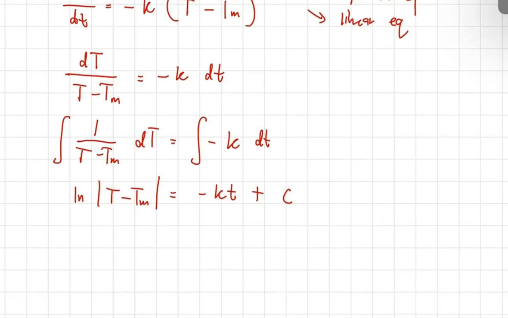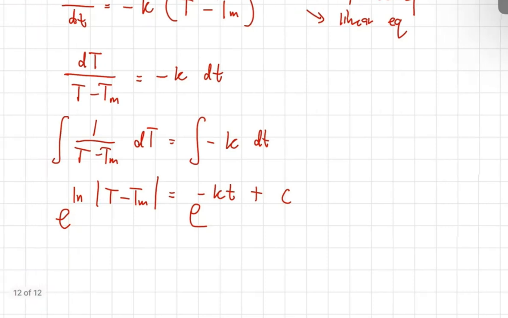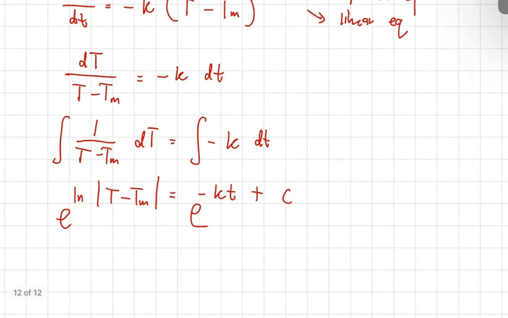So we have a ln on the left hand side. To get rid of the ln, we just apply the exponent to both sides. If I apply the exponent to the ln, I get T minus Tm.